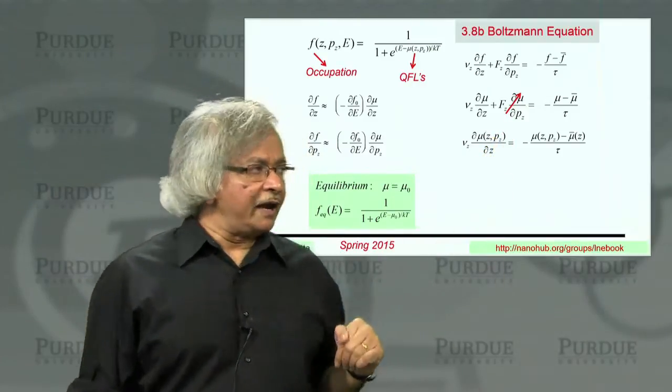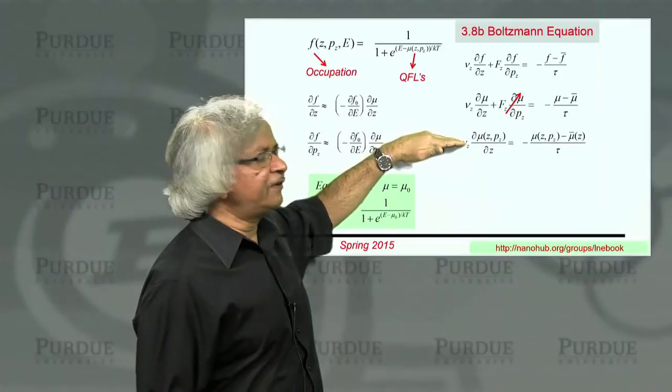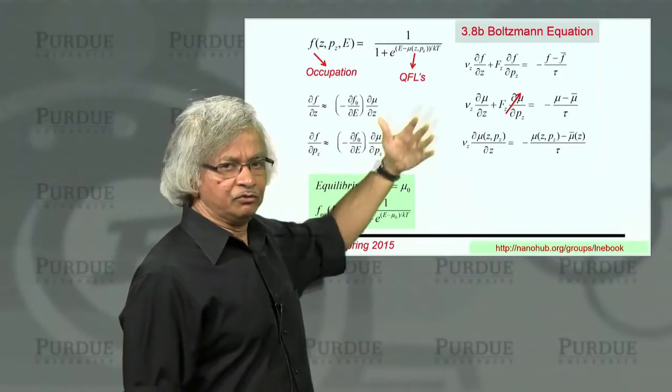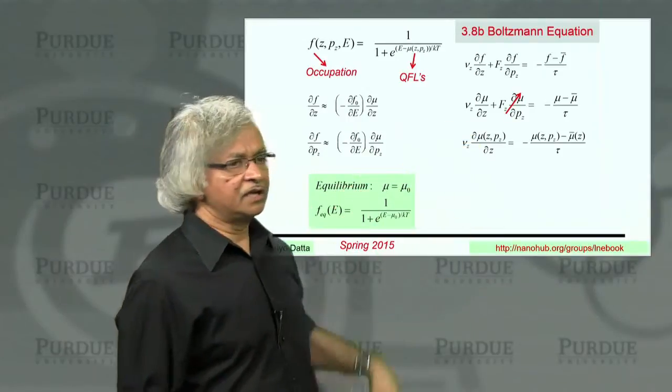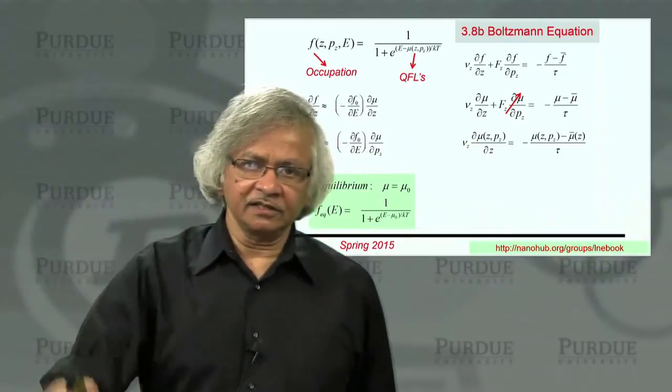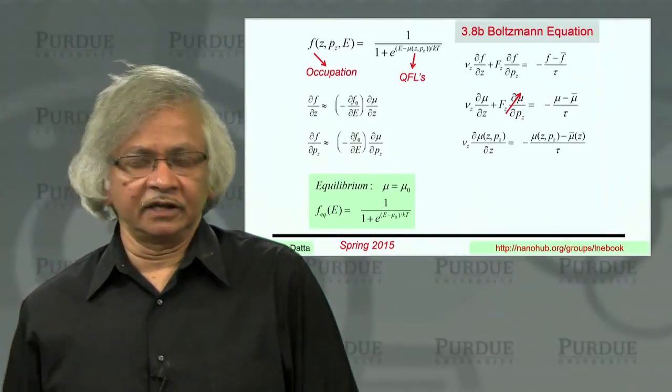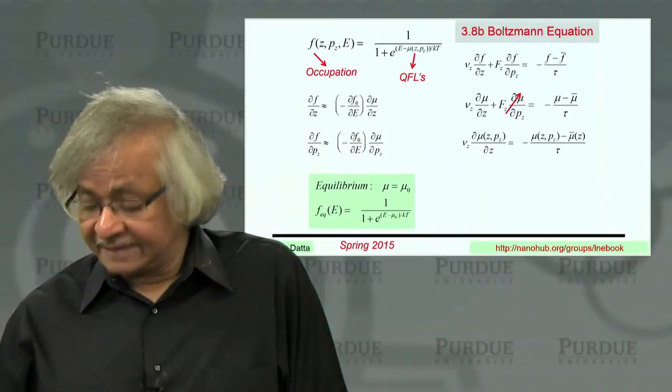Now, this is where you could simplify a little further by saying that we'll only keep track of two mu's, these two quasi-Fermi levels. One for forward-moving electrons, those which have Pz greater than 0, and one for backward-moving electrons, those which have Pz less than 0.